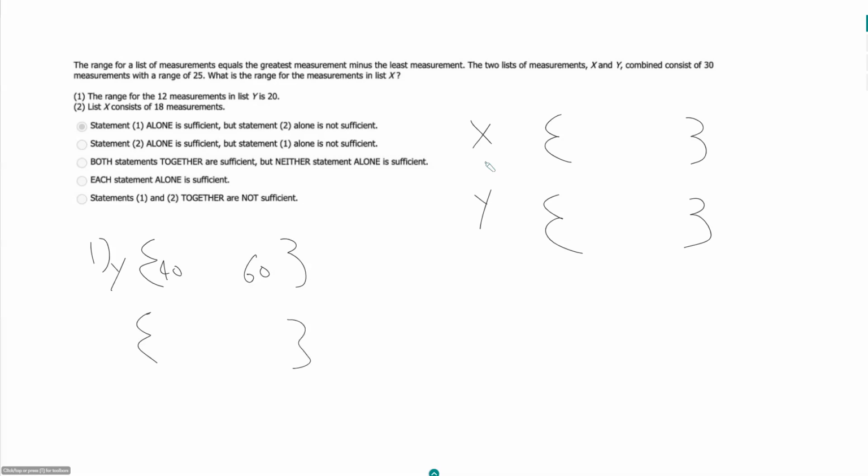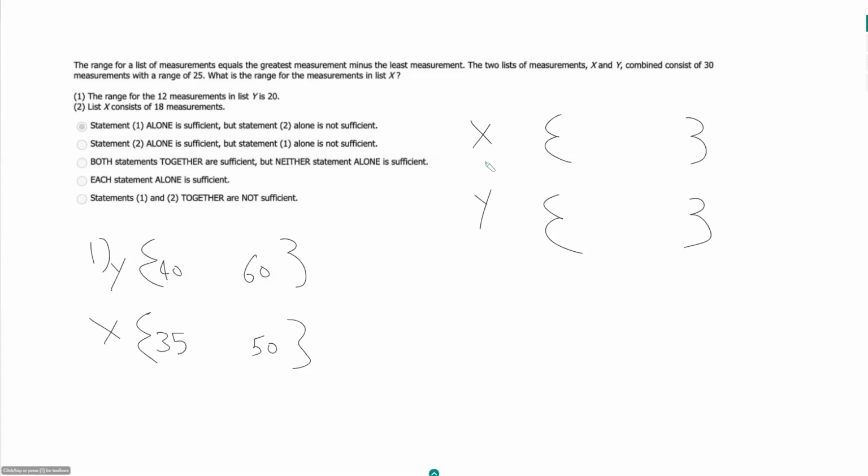So let's say the smallest number in X is 35. And then I can make the highest number here say 50.